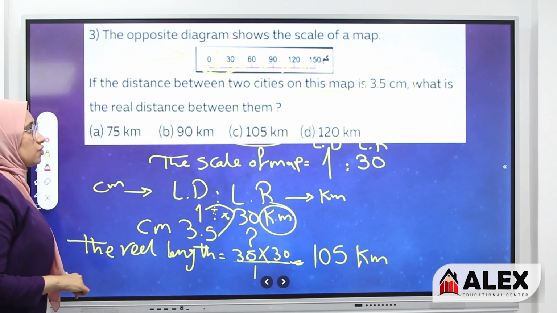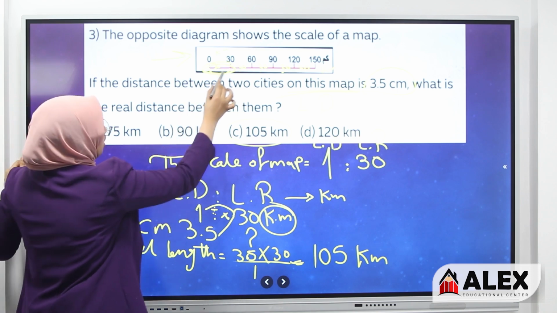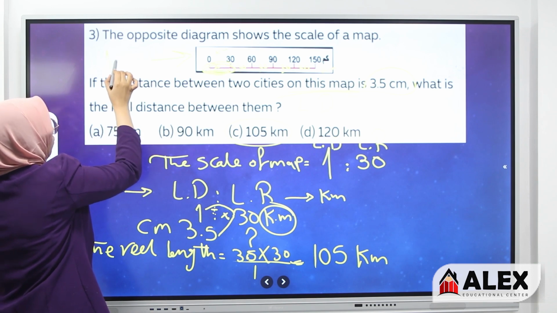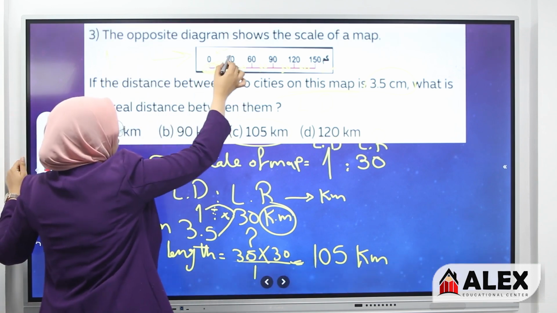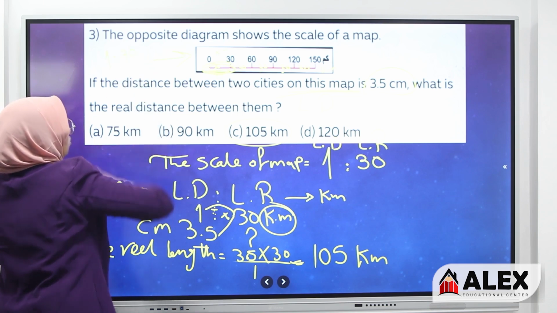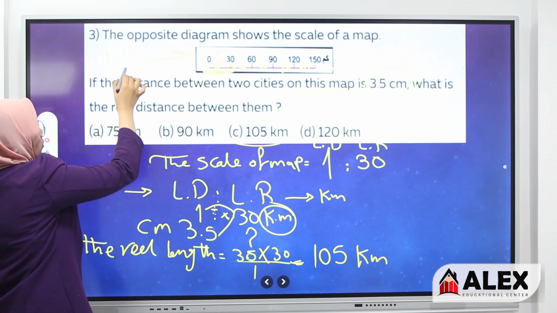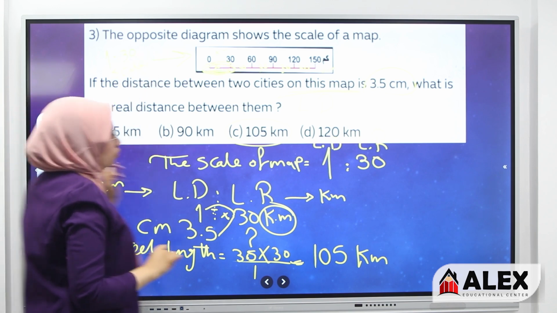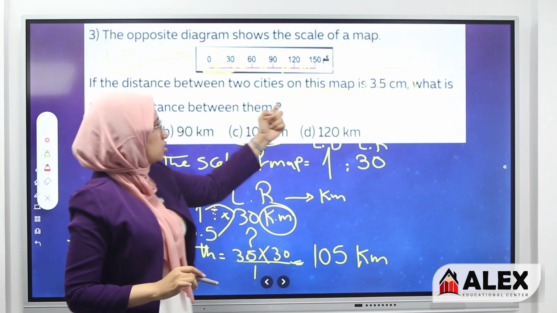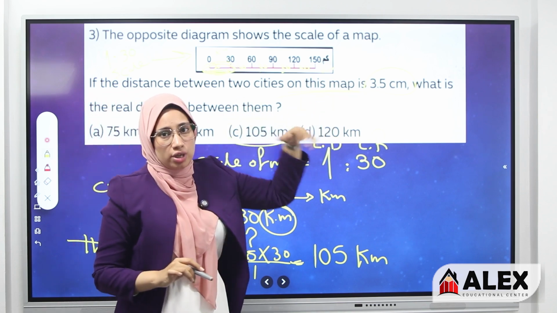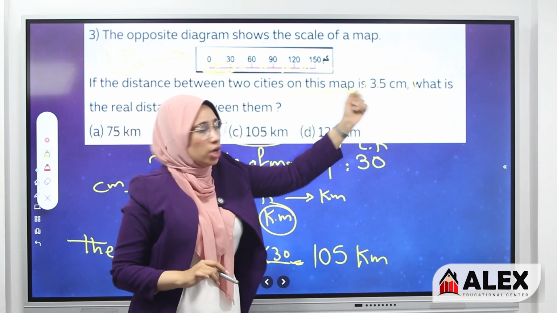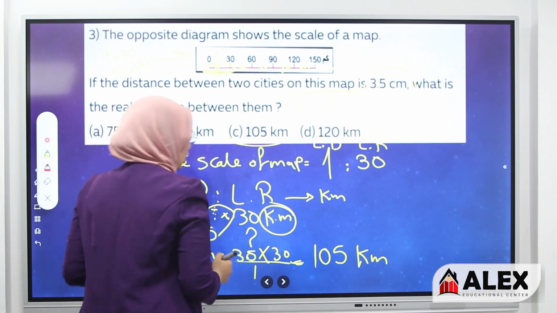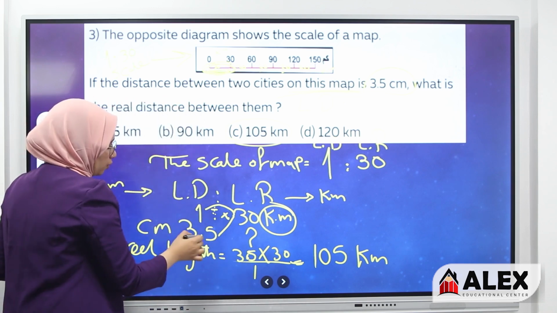The result is 105 kilometers. From the opposite diagram, in any diagram, we see that 1 centimeter is 30 kilometers. This is what we call the scale of the drawing. And the distance between two cities on the map equals 3.5 centimeters. Then the length of the drawing is 3.5.